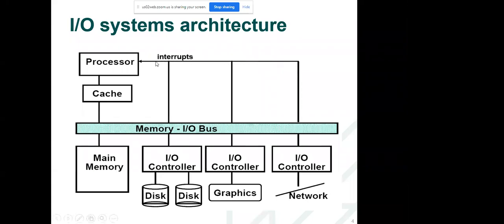Can someone explain it? The question is, what are interrupts in the CPU? And in general, in the computer world, in architecture, what are interrupts?